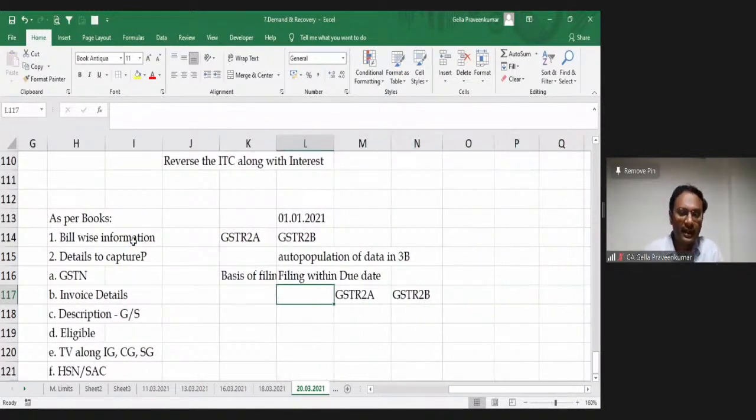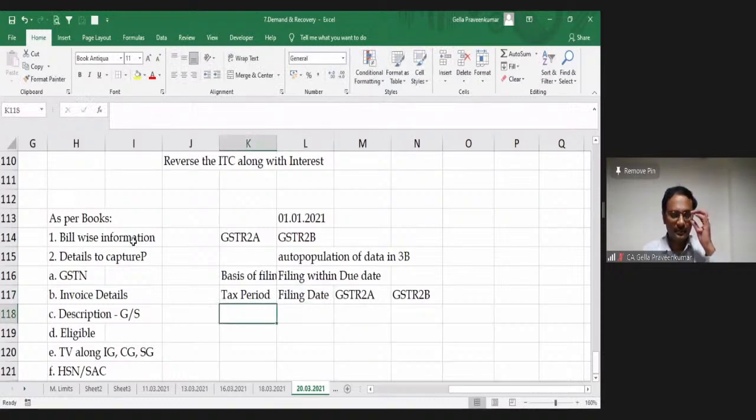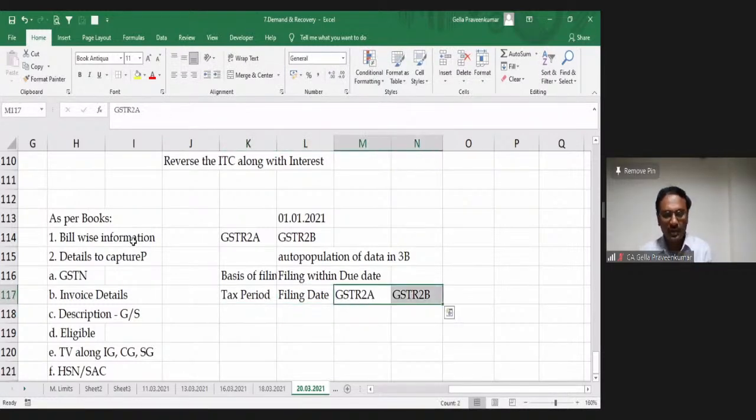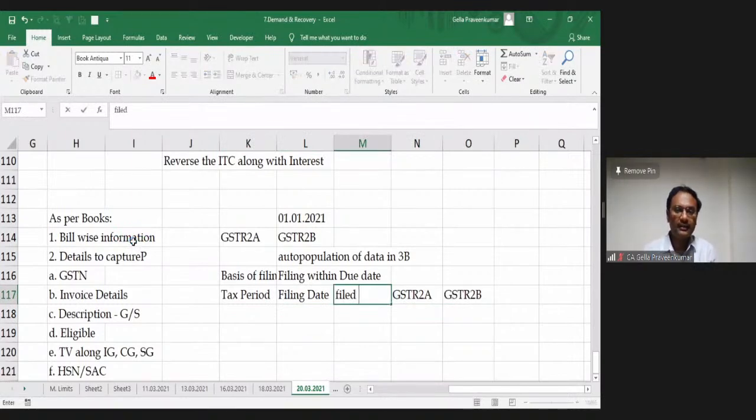Say I'll put the tax period, then filing date. And I also put one column called filed within due date.